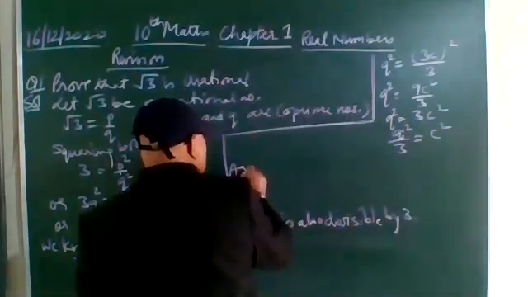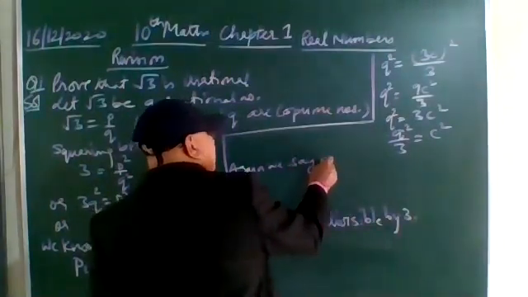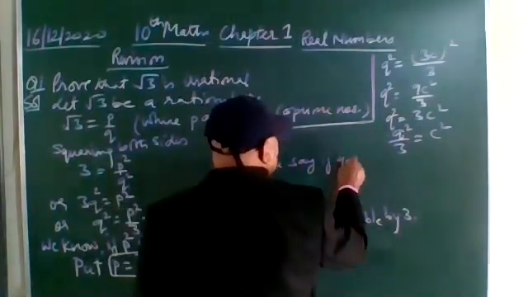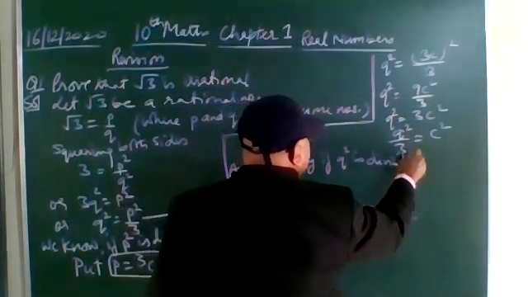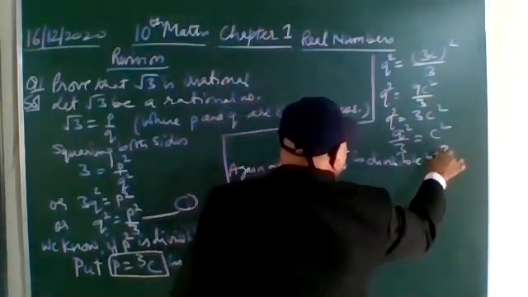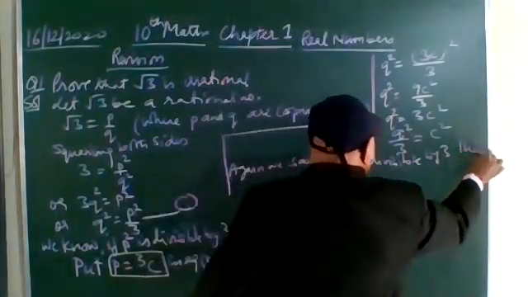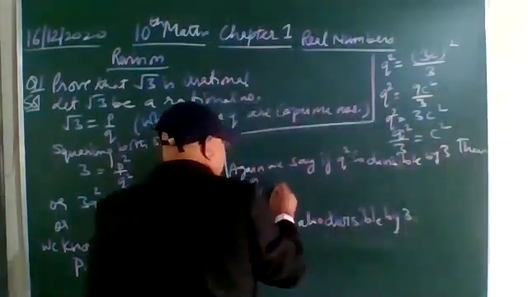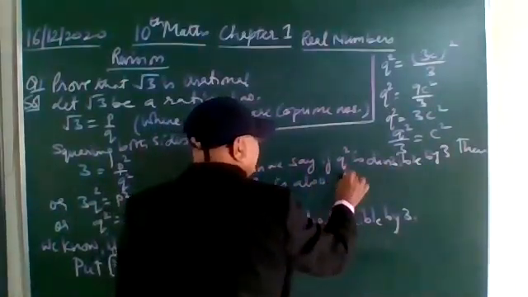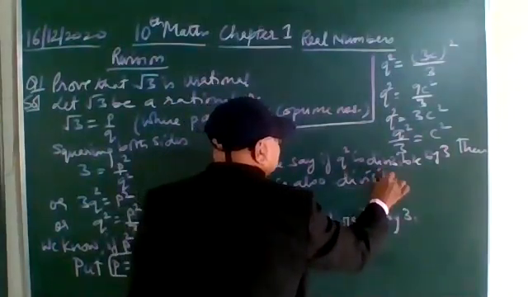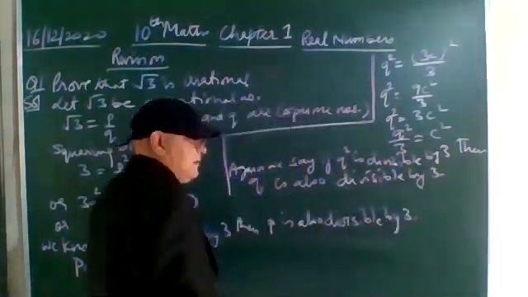Again, we say if Q square is divisible by 3, then Q is also divisible by 3.